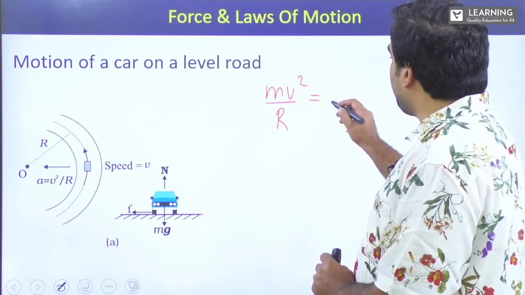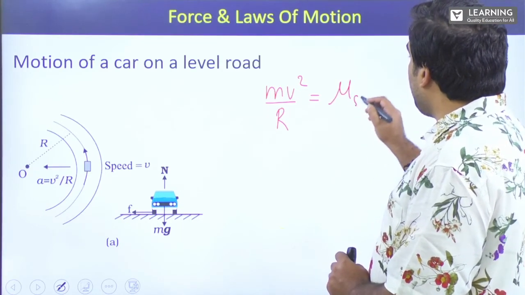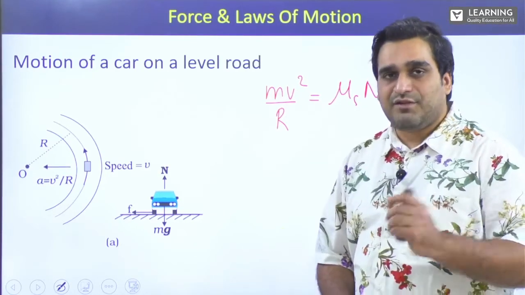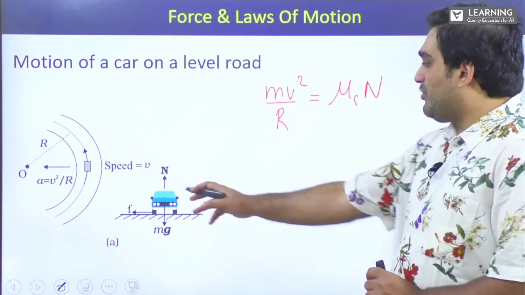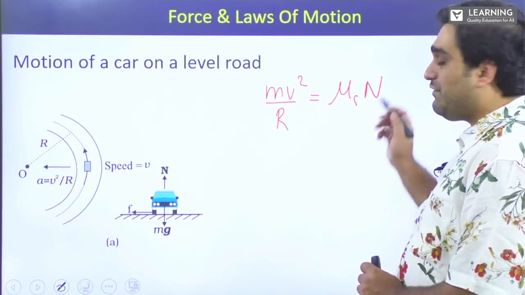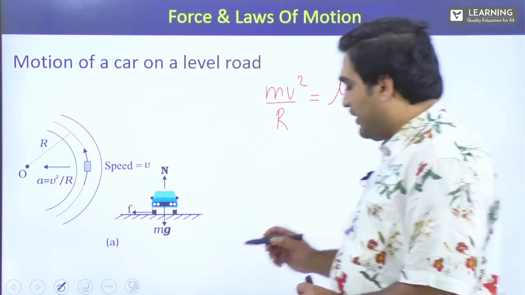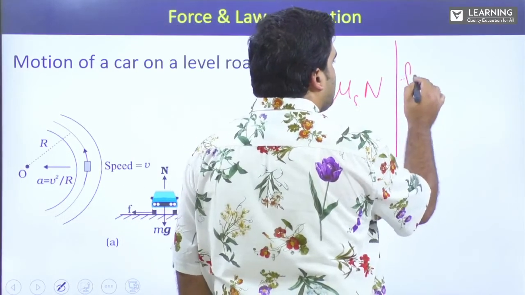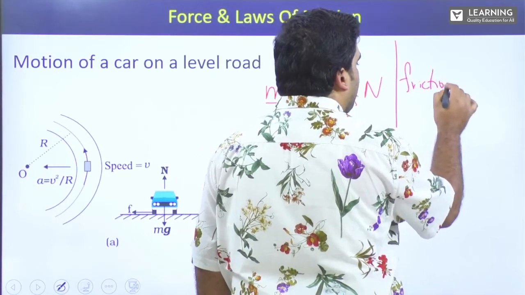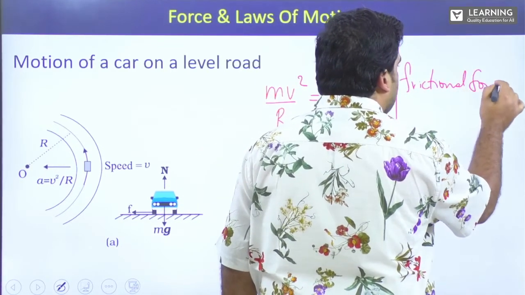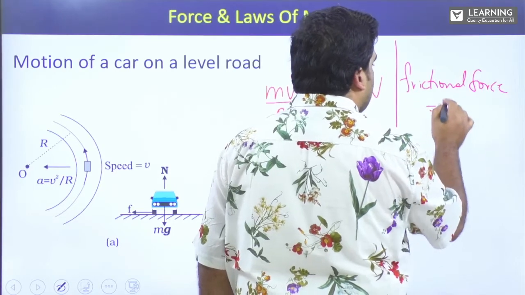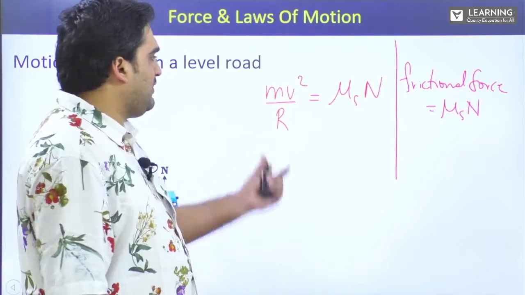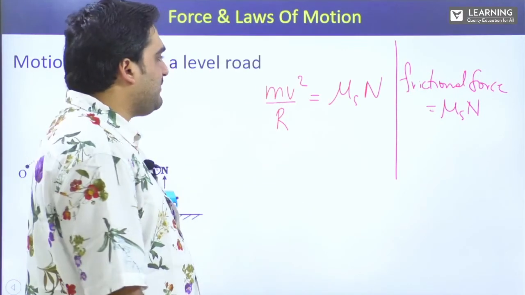So this frictional force is given by mu s times N, where mu s is the static friction, N is the normal, and this is how you identify a frictional force. So I will write it here, that frictional force, which is equal to mu s times N, and this is, as you know, the centripetal force.